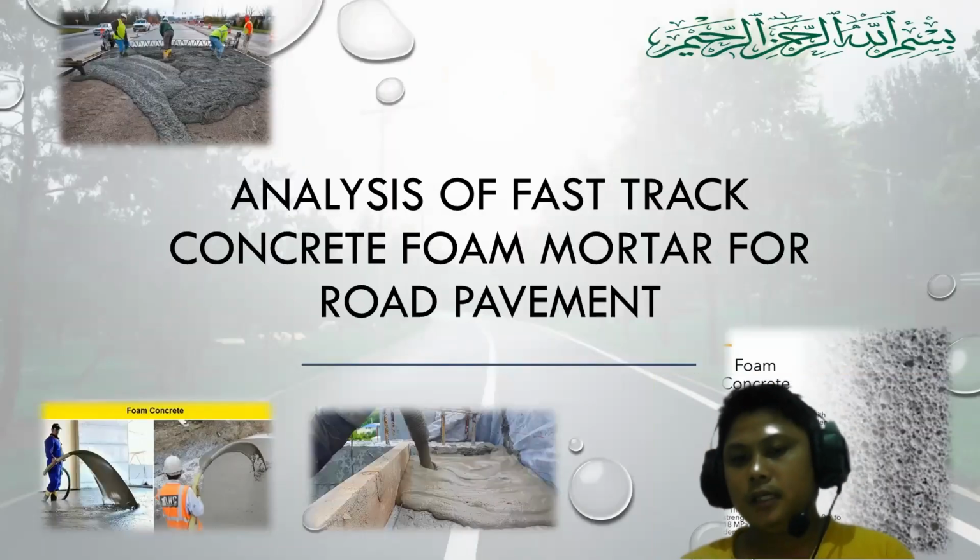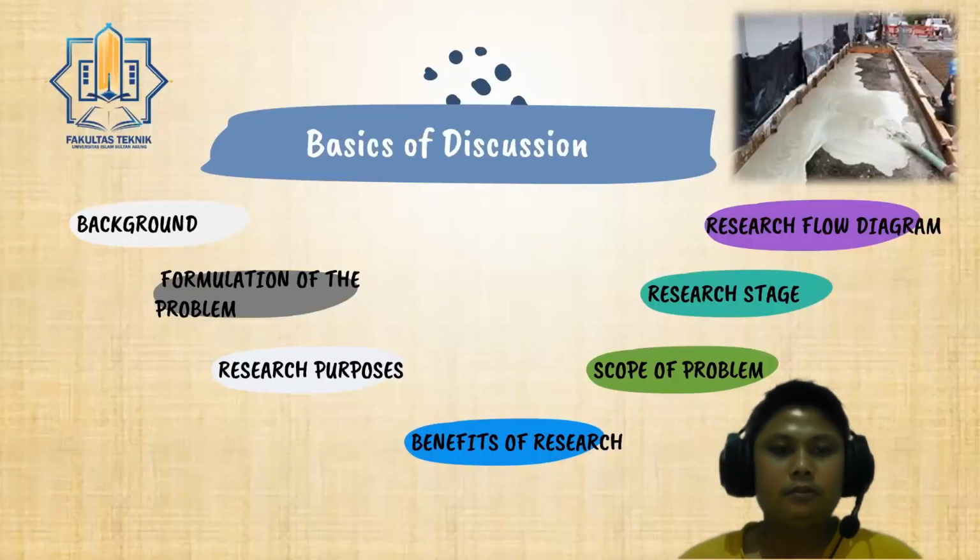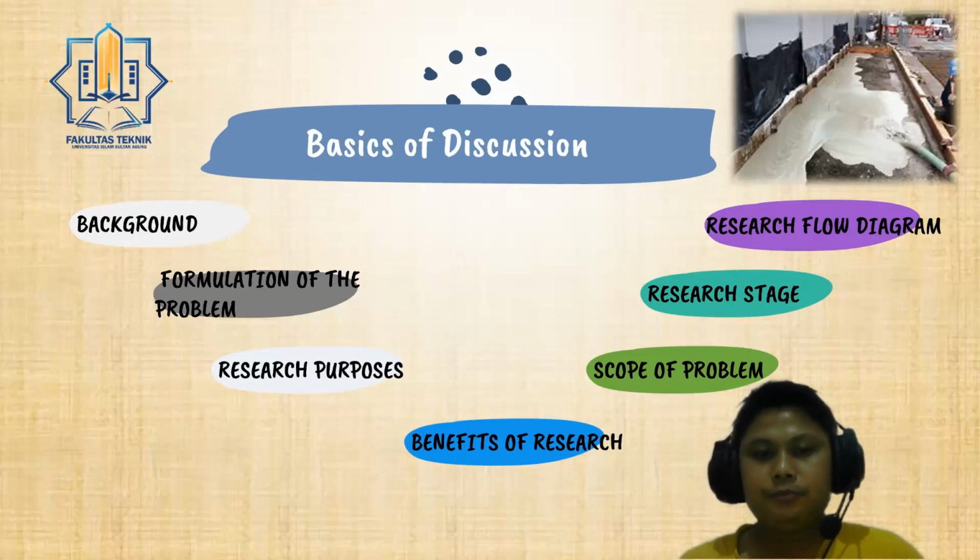The basic discussion of my research is: one, background and formulation of the problem, the research purpose, benefit of research, scope of problem, stage, method flow breakdown.